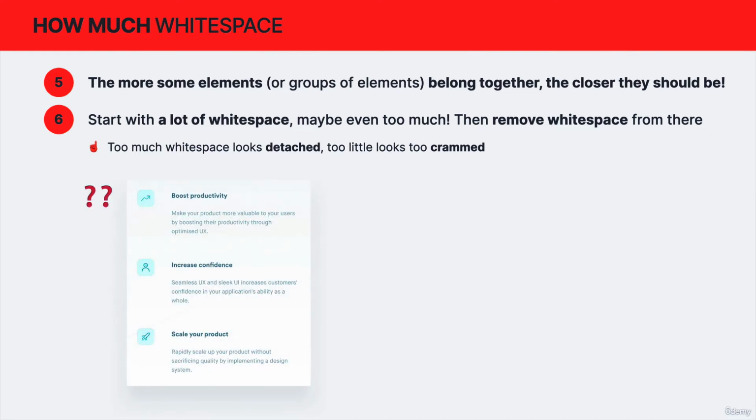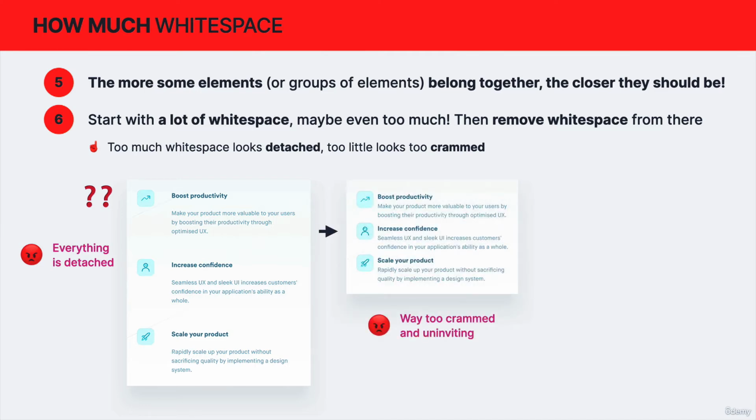So here in this example, we actually tried that, and so we added way too much space, and actually right now everything looks kind of detached. So this is not good. And so in order to fix that, let's say that we actually removed most of the white space, but then it looked way too cramped, and we can also say that it even looks uninviting to read this text in the first place.